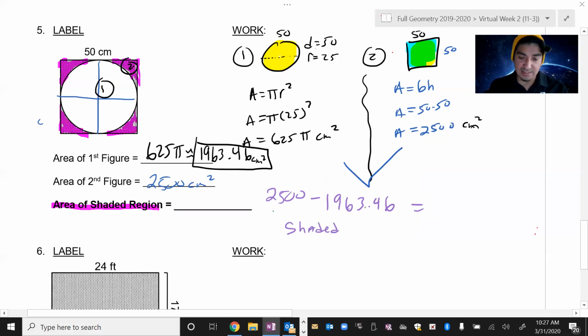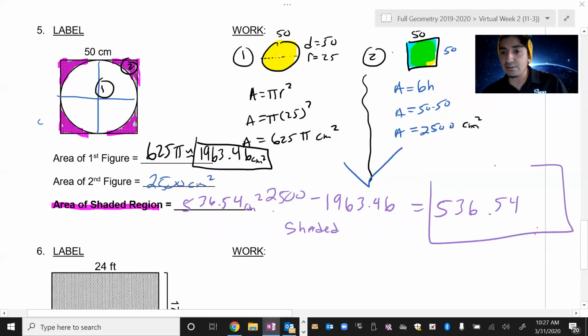So I'm going to subtract that from 2,500 minus 1963.46, and that would give me 536.54. So 536.54 centimeters squared. So that's going to be my final value for my shaded region.